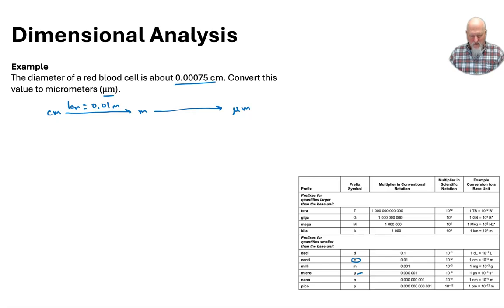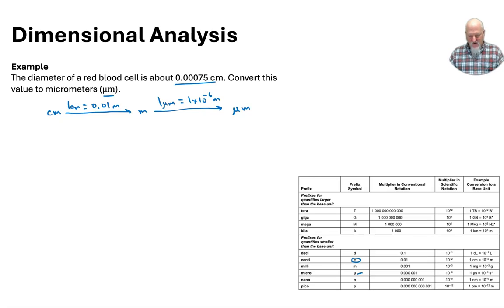And then micrometer, 1 micrometer is 10 to the negative 6 meters. So 1 micrometer, also known as a micron actually, is equal to 1 times 10 to the negative 6 meters.